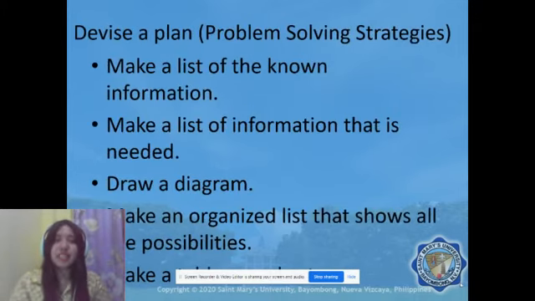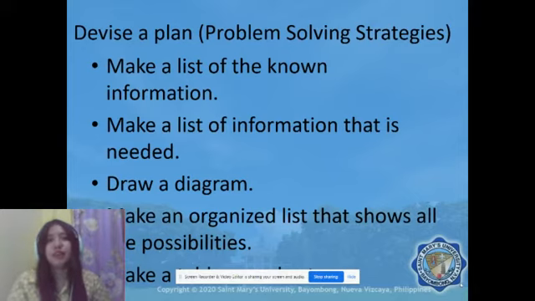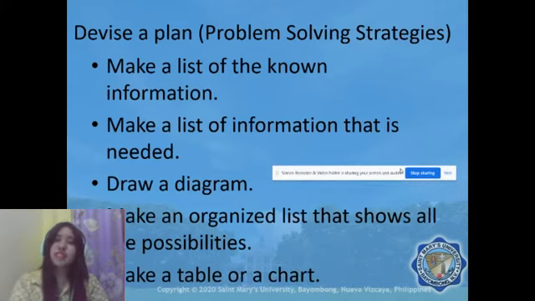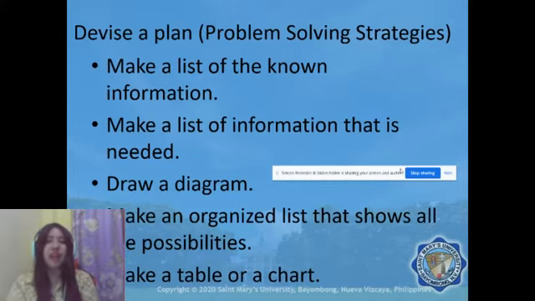For number 2, this is devise a plan. In devising a plan, you are making use of different problem solving strategies. Here is the list of the most common problem solving strategies used in mathematics. We have make a list of the known information, make a list of information that is needed. You can also draw a diagram, make an organized list that shows all the possibilities, and make a table or a chart.